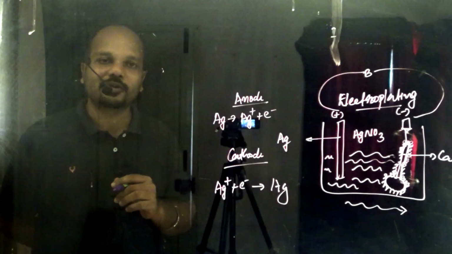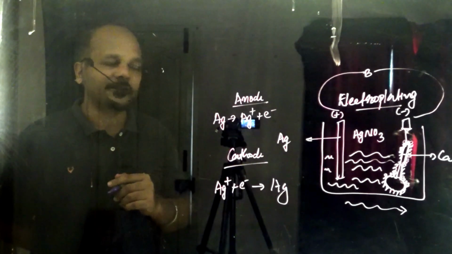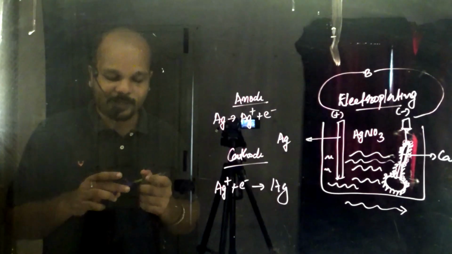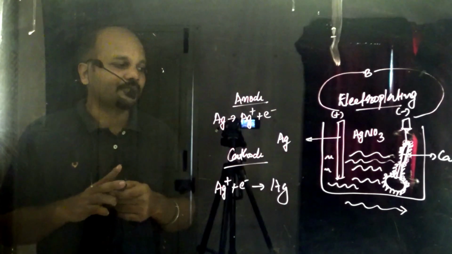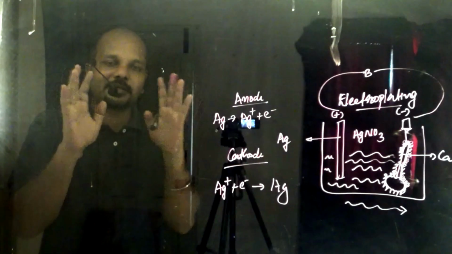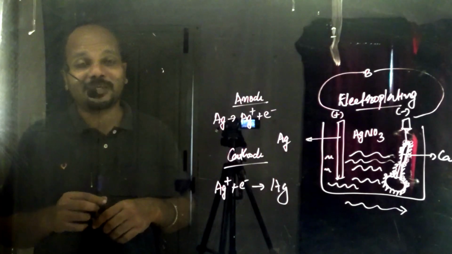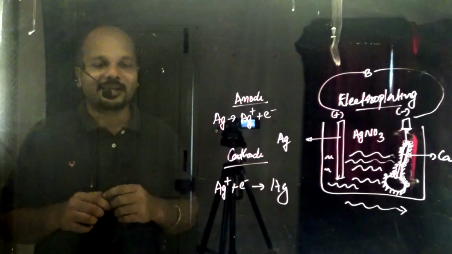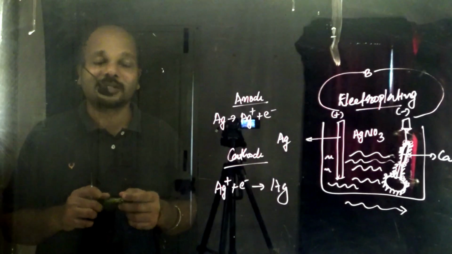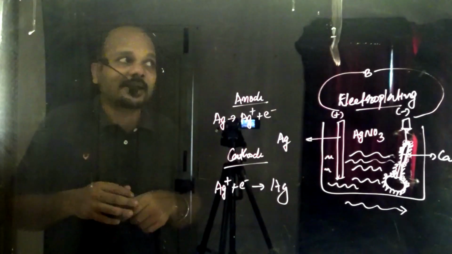Through electroplating, a spoon or anything will be covered with that particular metal. So this application is nothing but electroplating. It prevents corrosion. It also helps with decorative applications.